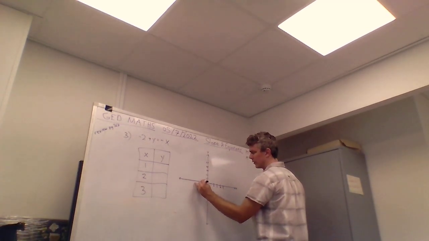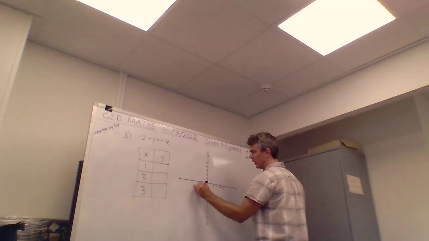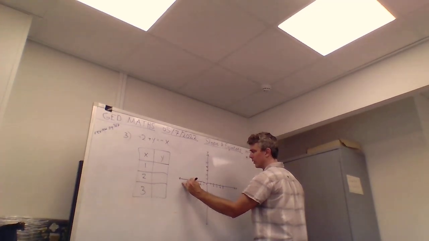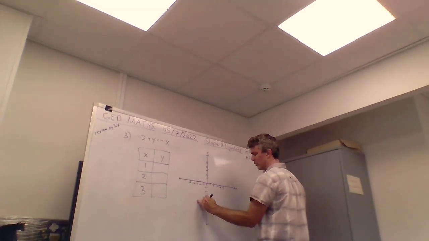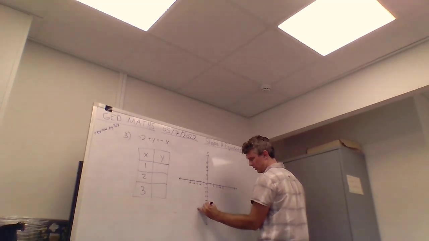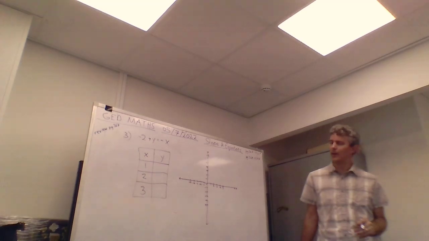And the negatives. -1, -2, -3, -4, -5. -1, -2, -3, -4, and -5. So it's like two number lines crossing each other, right?